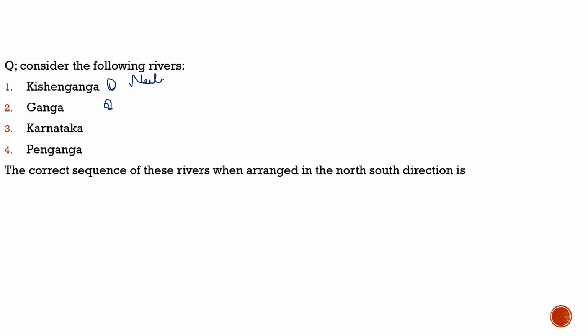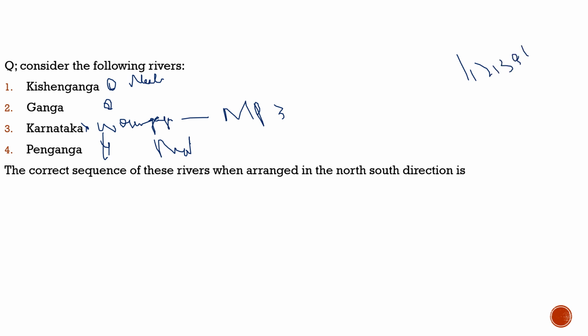It should have been Vain Ganga. Vain Ganga is in Madhya Pradesh, MP, and then the fourth would be Pain Ganga, in Maharashtra. So the correct sequence for this is 1, 2, 3 and 4.